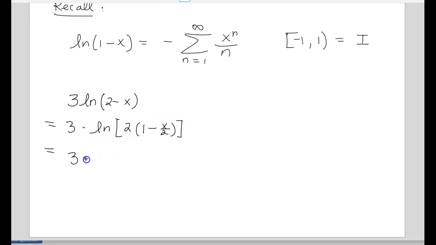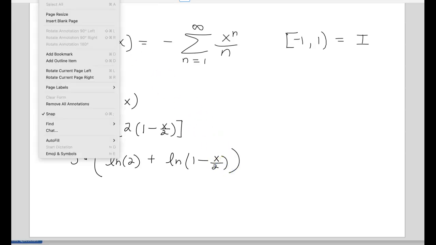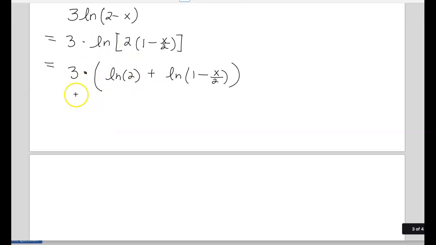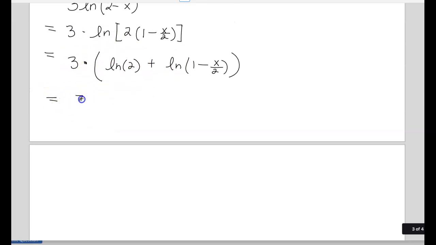So this is going to be 3 times ln of 2 plus ln of 1 minus x over 2. And then I can distribute that 3. So I'll have 3 ln of 2 plus 3 times ln of 1 minus x over 2.